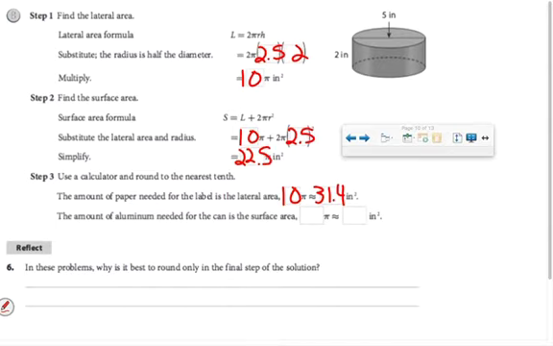And then the amount of aluminum needed is 22.5 pi, which is approximately 70.7.